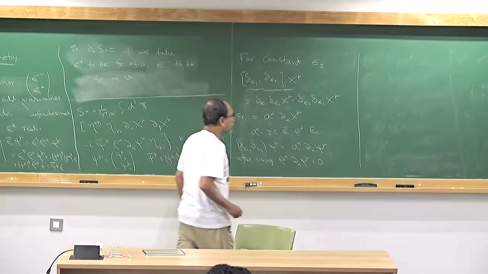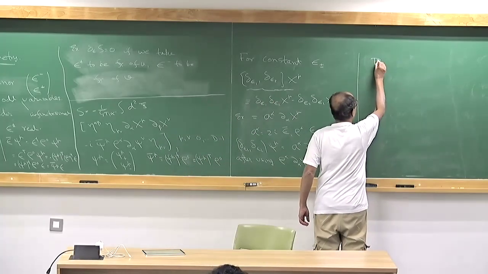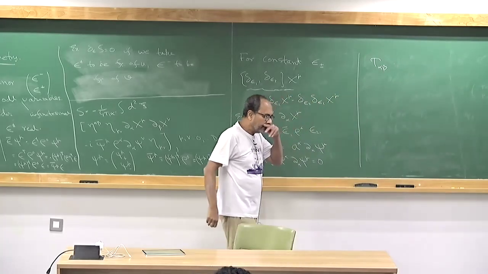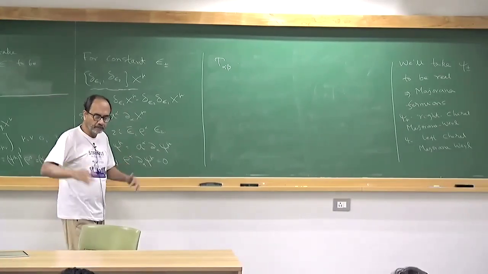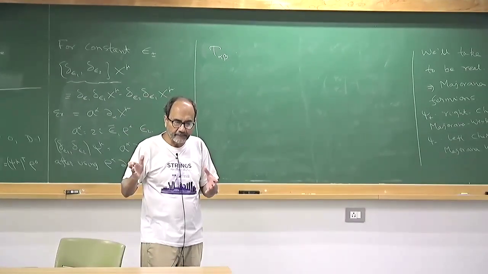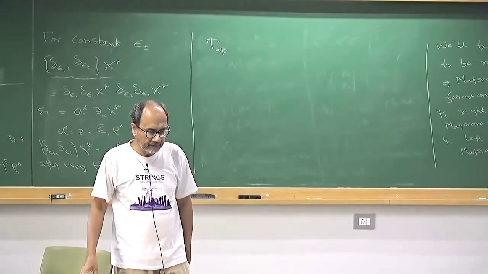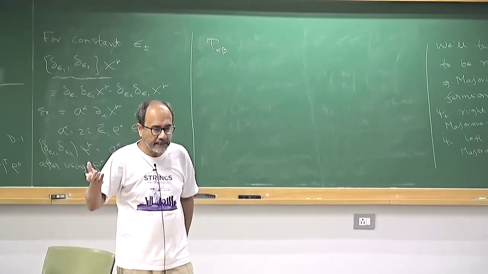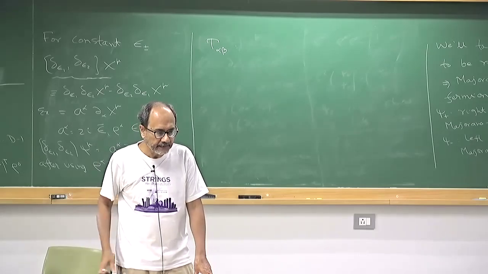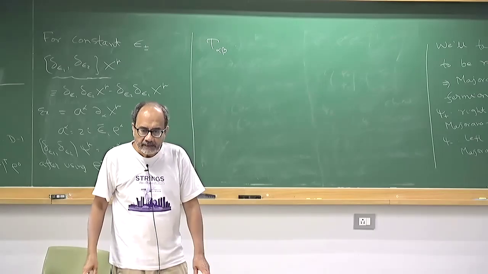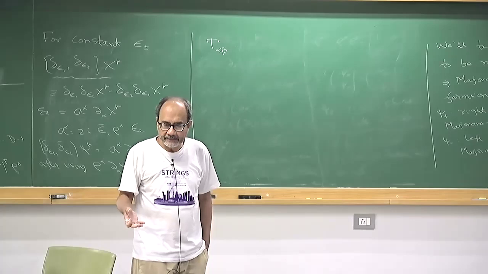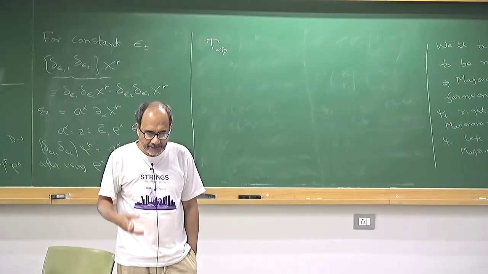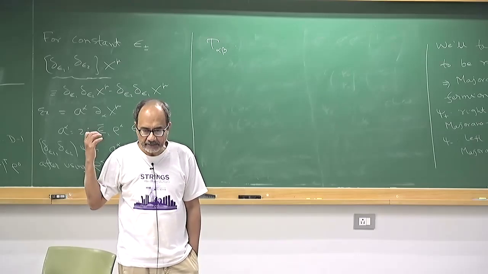Okay, now T alpha beta. Earlier, we had started from an action where you have the worldsheet metric coupled to the x's, and you defined T alpha beta by taking the derivative of the action with respect to the worldsheet metric, delta by delta gamma alpha beta. But T alpha beta we can also think of as the Noether current associated with translation invariance in this gauge fixed theory.